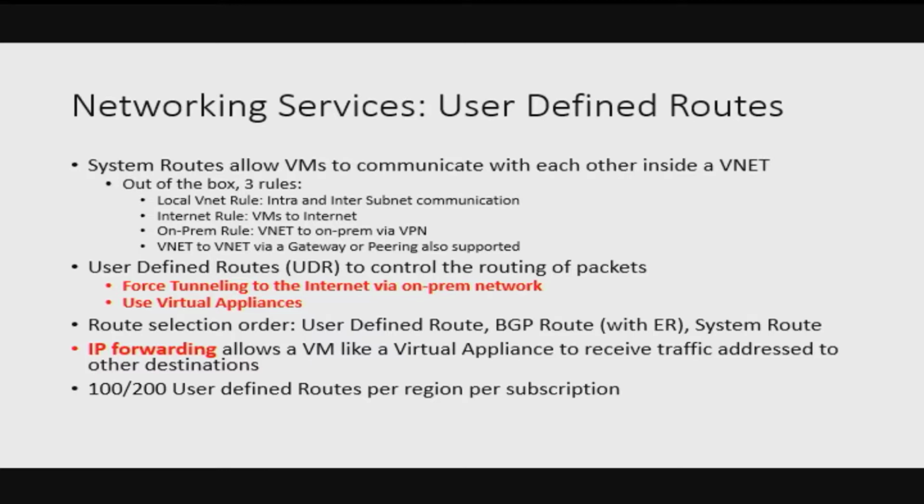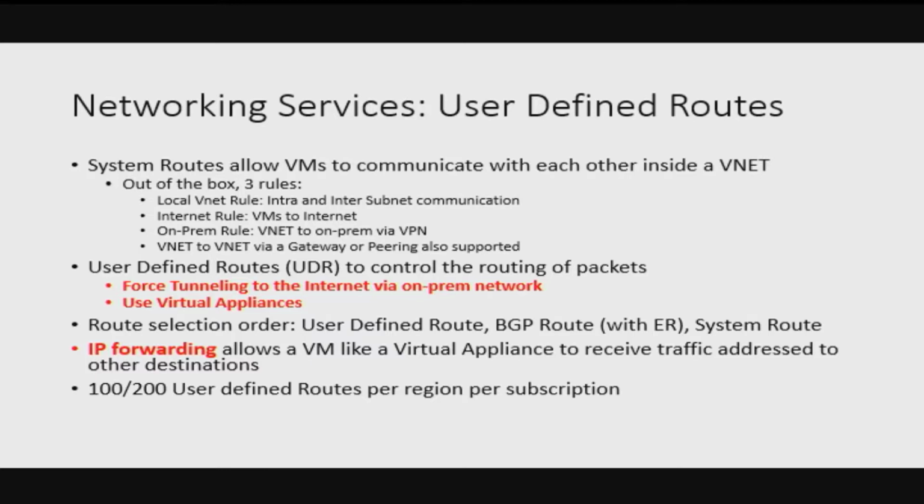That's where I can create my own route table for the subnet that those VMs are in, and have that traffic routed appropriately. And if I'm using a virtual appliance, I need to enable IP forwarding on that virtual appliance so that it can receive traffic that's actually destined for somewhere else, right?